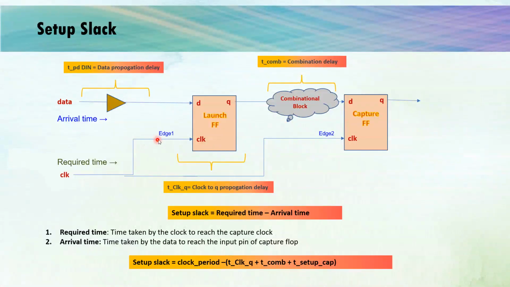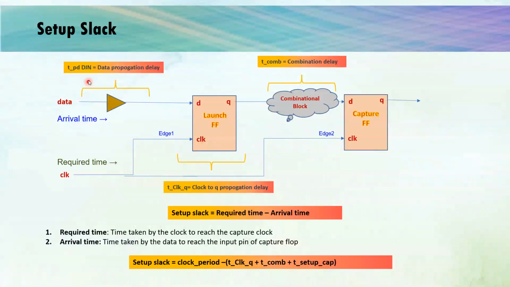But before that, I would like to explain this diagram that I have. Here we have two flops, a launch flop and a capture flop. We have already understood what launch flop and capture flop are in the previous slides. For now, we'll try to understand that the static timing analysis tool basically divides this circuit, if this is a small circuit that we are taking, into different paths.